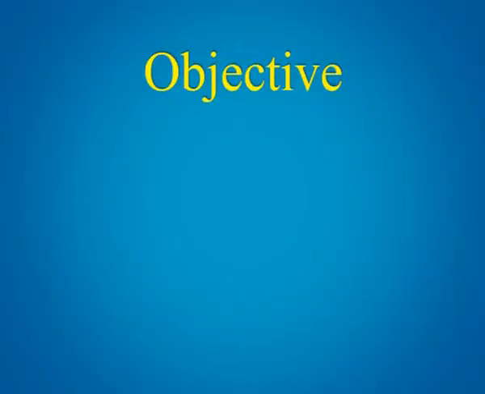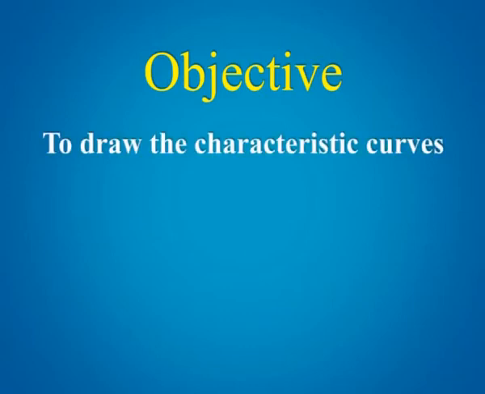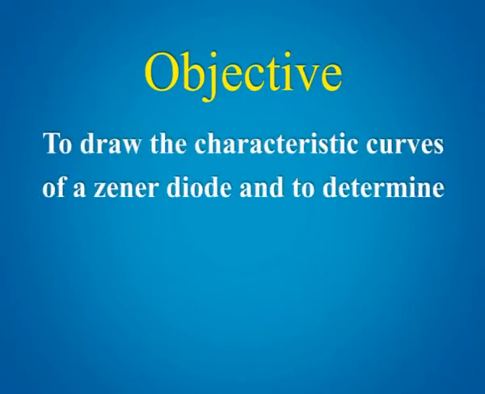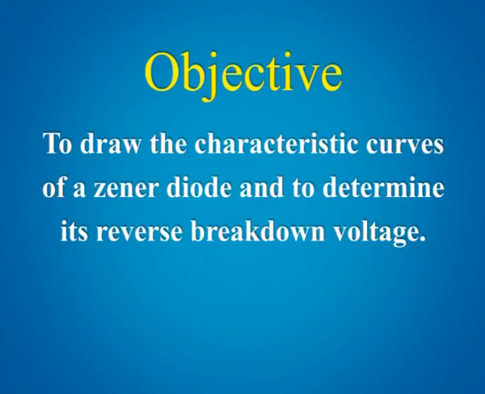The objective of the experiment is to draw the characteristic curves of a Zener diode and to determine its reverse breakdown voltage.